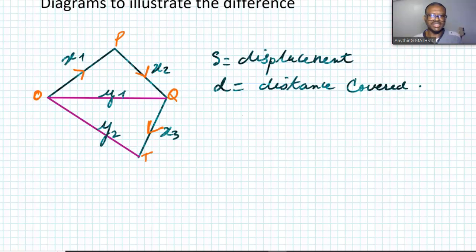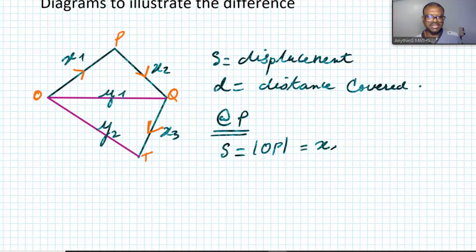The question though is, you're moving from O to P. When you are at P, what is the displacement and what is the distance? At P, the displacement x will be equal to OP, which is x1.